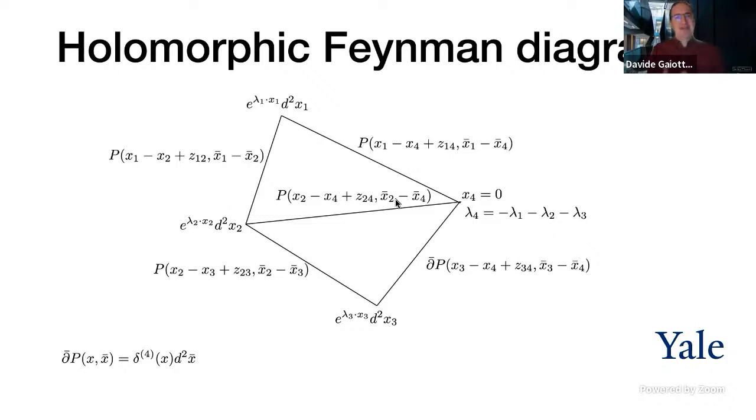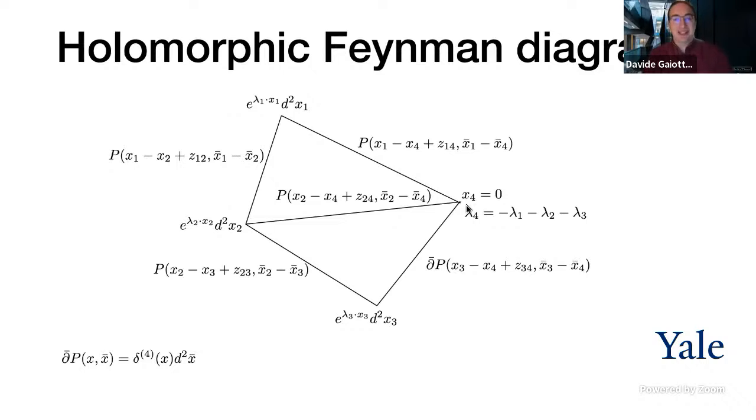You can do one loop. Two loops already looks horrifying. But something rather amazing is that there is a coordinate transformation, which mixes space-time and Schwinger parameters, which makes the integrand completely trivial, but makes the integration region interesting.